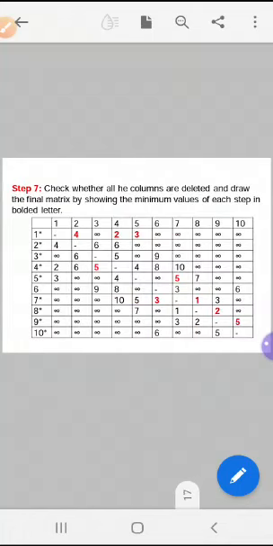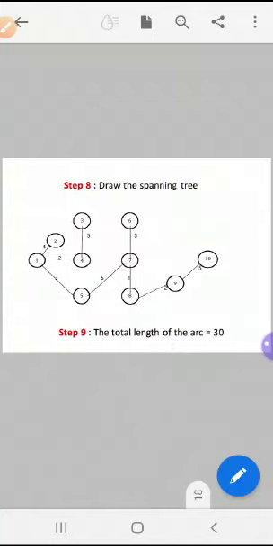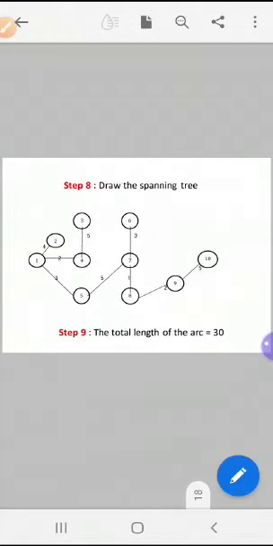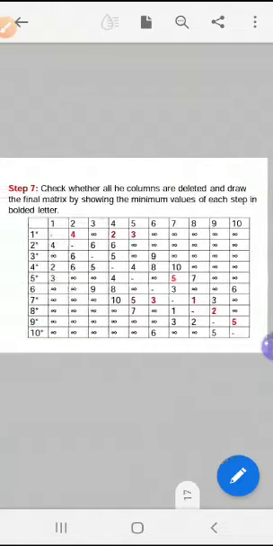The next red color number is 2. That is 4, 1, 4. So node 1 should be connected to 4 and mark 2. Then 3 corresponds to 1, 5. So node 1 is connected to 5 and put the number 3 in between 1 and 5.